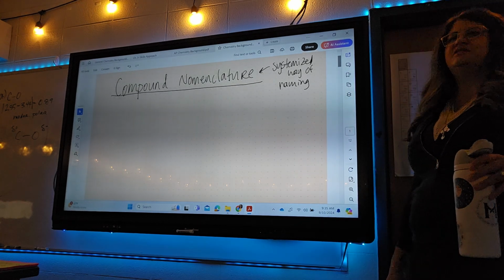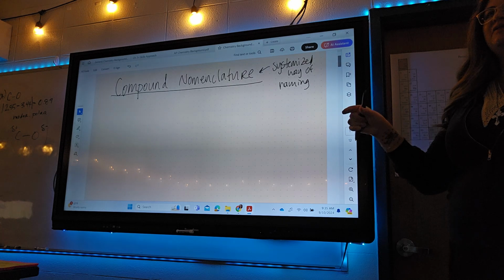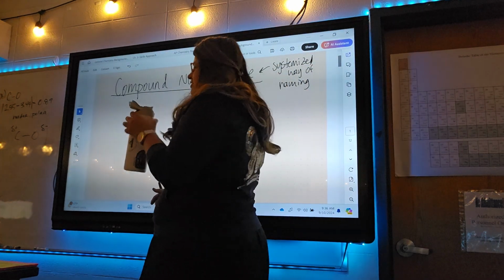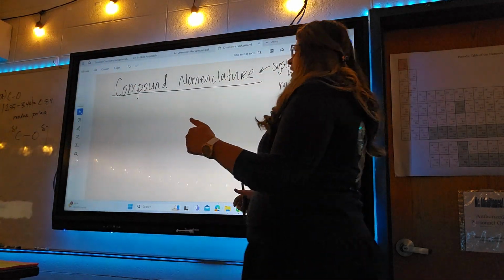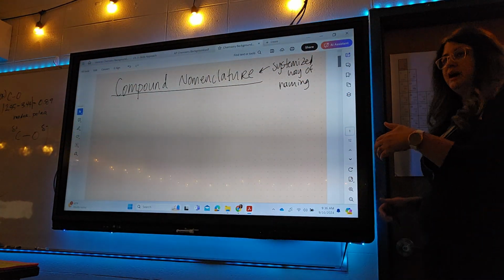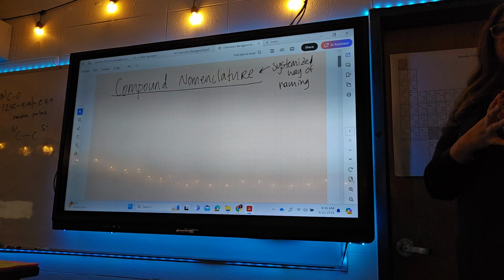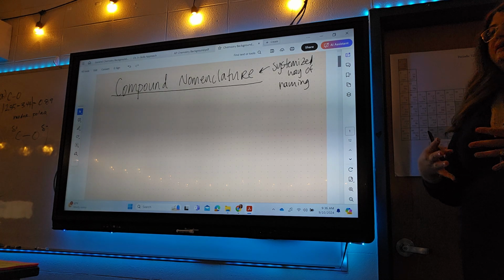So those are already systematic ways of naming people. In Russia, they have this complicated thing where the middle name tells you the name of your father. It's really complicated. Actually, it's not really. But the reason we have to have a systematic way for naming compounds is that there are multiple different ways that elements can bond with each other. And so we have to be very clear with what we're describing by the name.